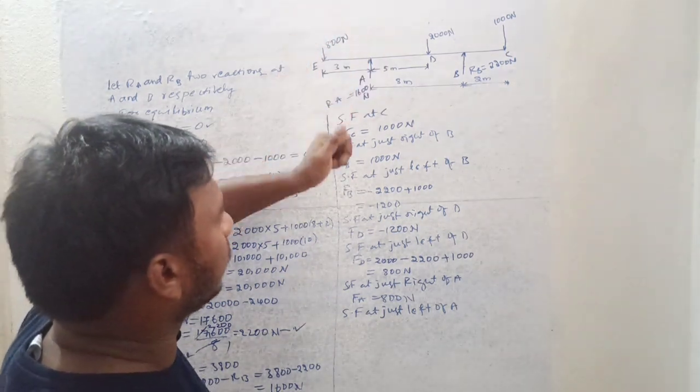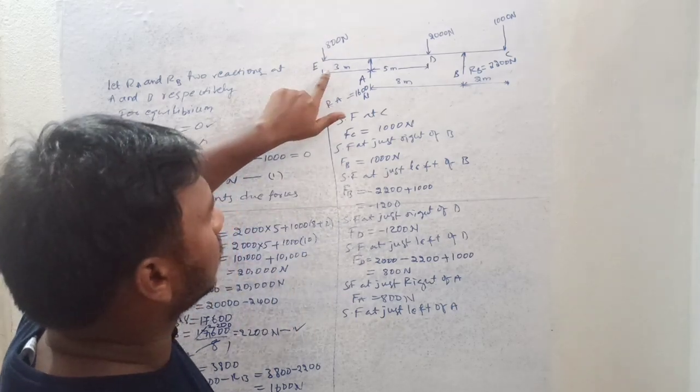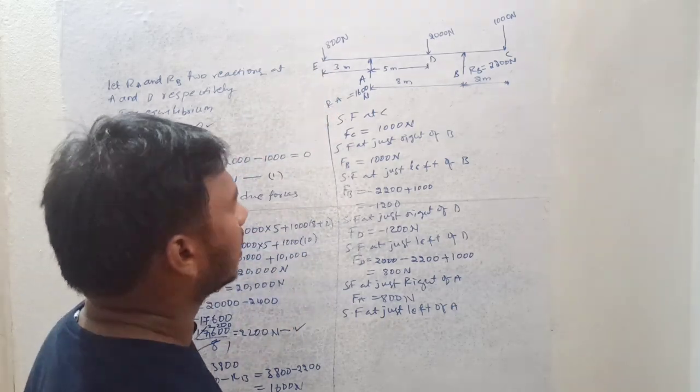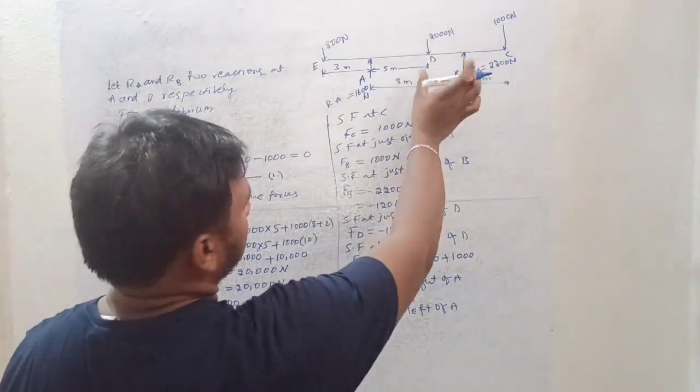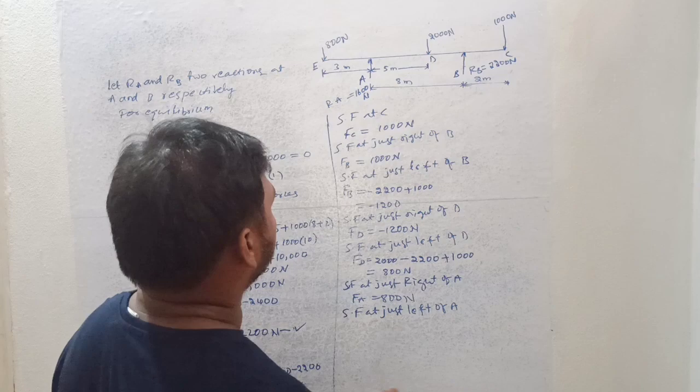If the forces act downward, we have to take it as negative, and if the forces act upward, we have to take it as positive. It is opposite to this if we take right of the cross section, right?